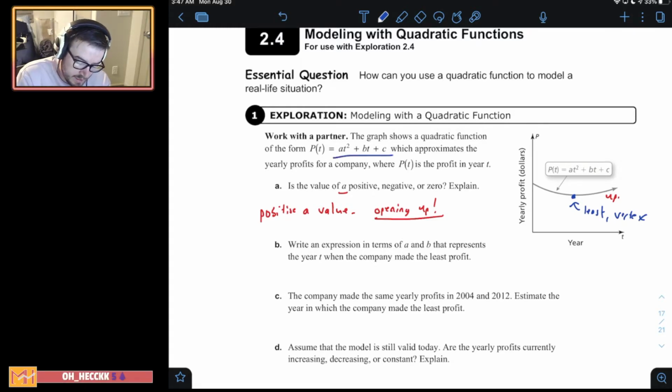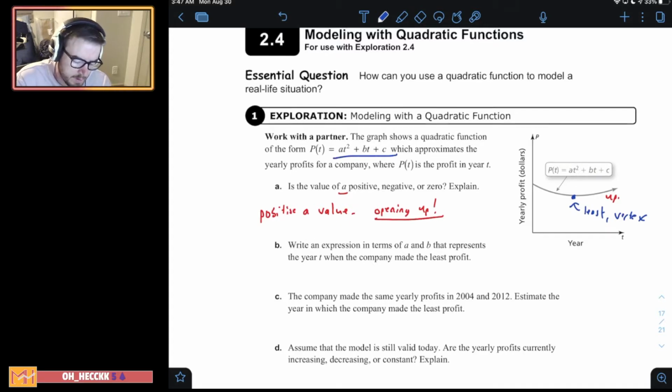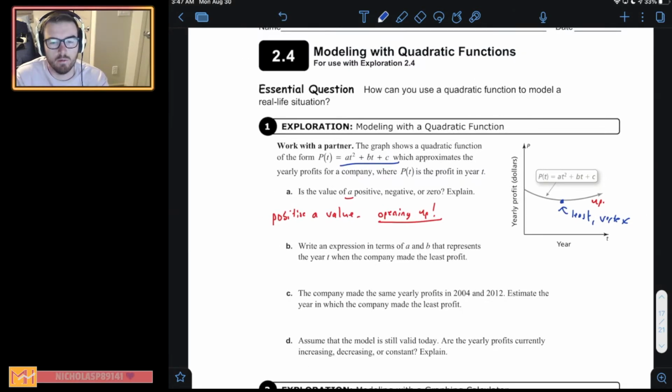Now, we're in standard form, and there was an equation in 2.2 that you probably don't remember, and that's perfectly okay. You can find the axis of symmetry. In other words, we can find that t value for the year by doing the following: negative b over 2a.